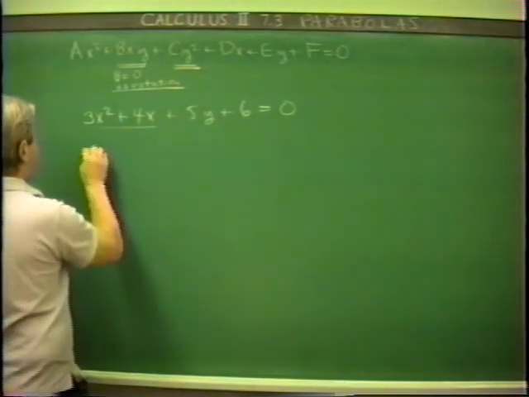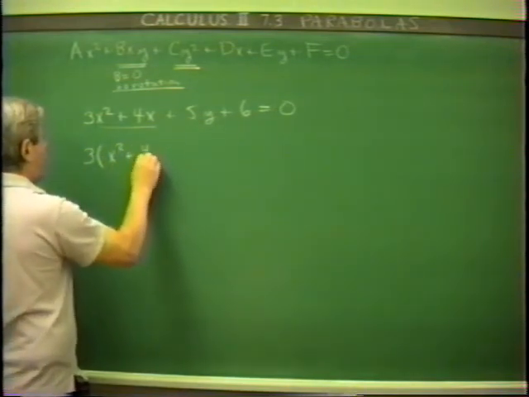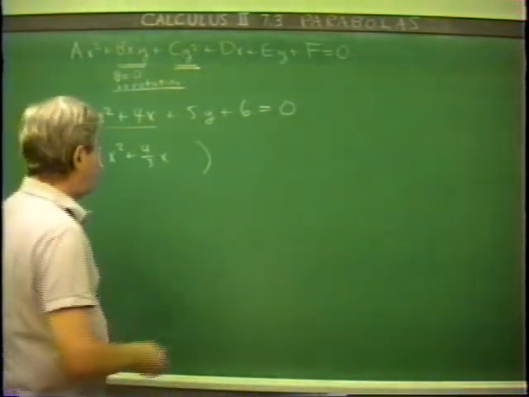To do that, what we want to do is take this and complete the square. So I've got 3 times (x squared plus 4/3 x), and I want to fix this so that I've got a complete square here.